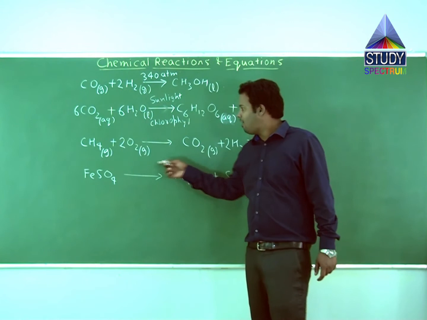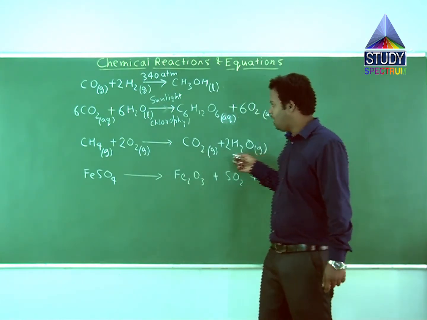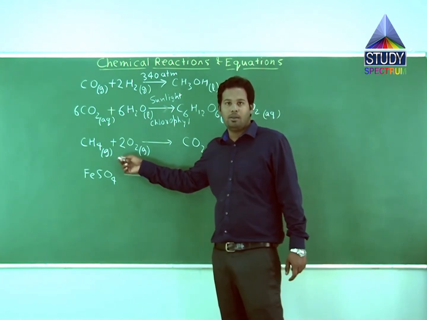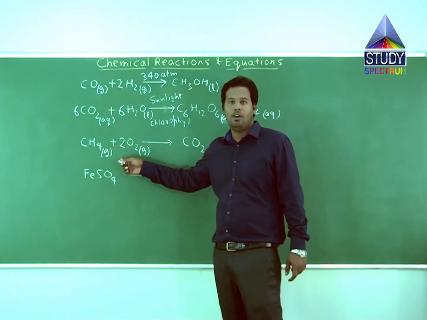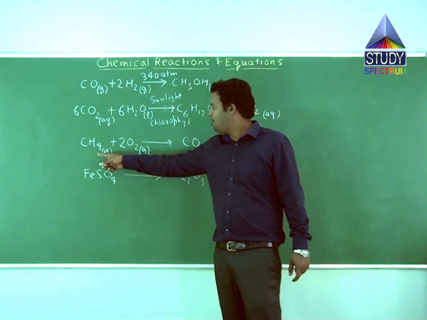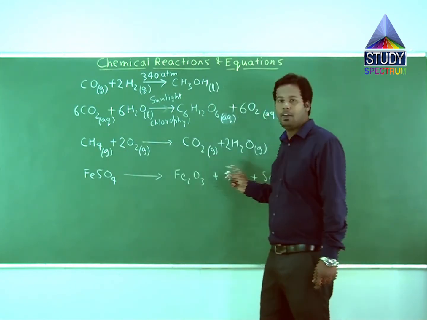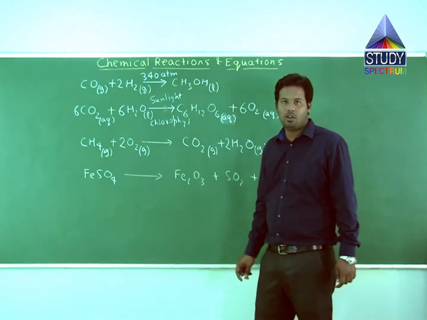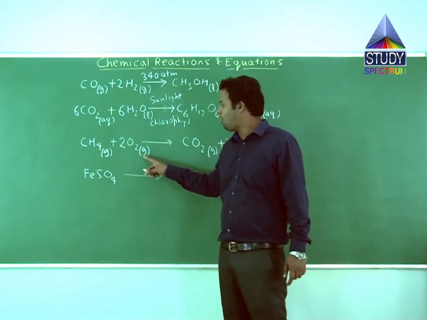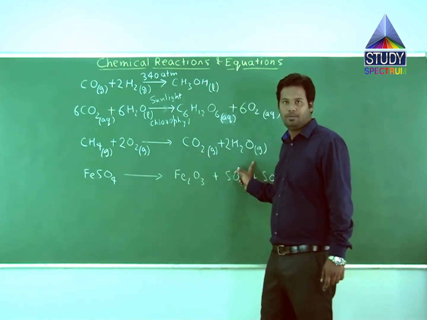So finally we have a complete balanced equation for burning of methane gas, burning of alkane, the first member of the alkane series, that is methane gas, where we have balanced the number of atoms of each element in LHS and RHS also. We have mentioned the state of each reactant and each product also.